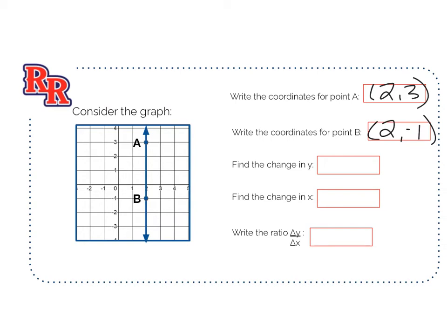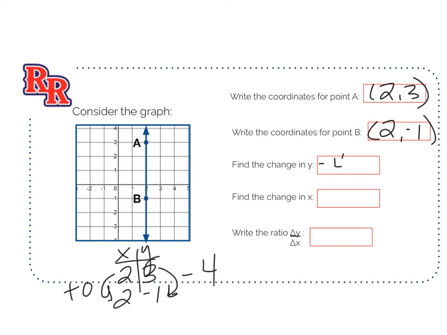Let me find my change in y, and I'm going to make a table. Change in y to go from 3 to -1: 3 to 0 is 3, and then 1 more to -1, that means -4. And then 2 to 2, there is no change in x, it's just 0. So the change in y is -4.